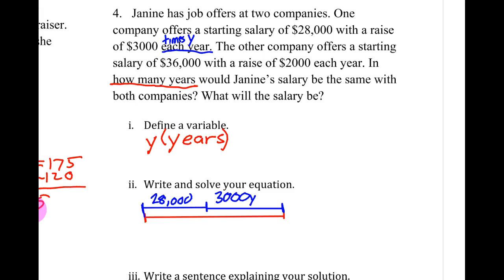All right. And then we got the one on the bottom here, the second company. It started off with 36. It's 36, so it's a little bit more than 28,000, so I've made it bigger over here.